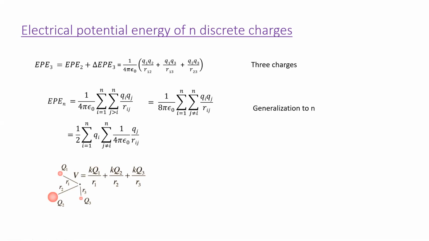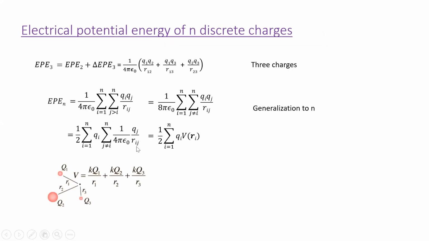All right, so this right here is the sum over all charges, not including the ith charge, the current charge we're considering, of the electric potential. And so we can just call this 1/2 the sum from I equal 1 to n of qi times the electric potential at the location of I of all the other charges, okay, which we just write as V of Ri if there are a lot of charges.